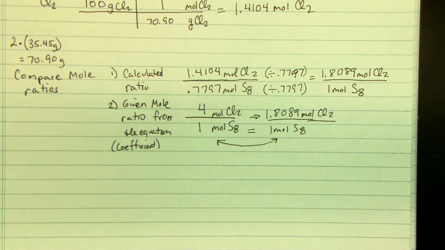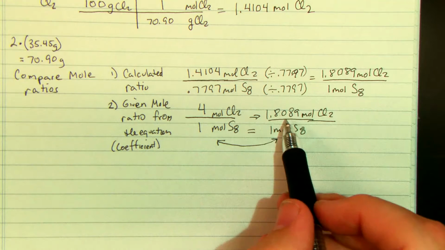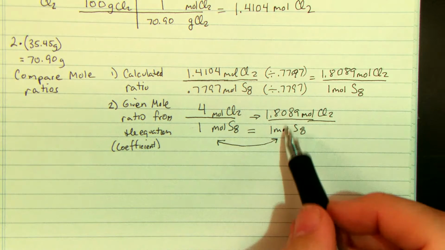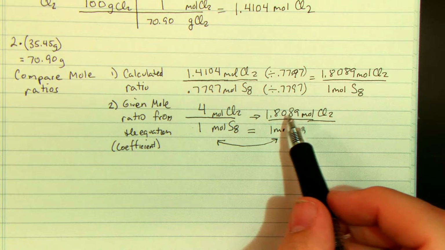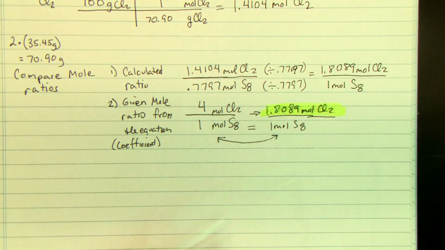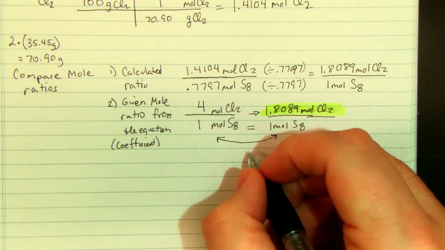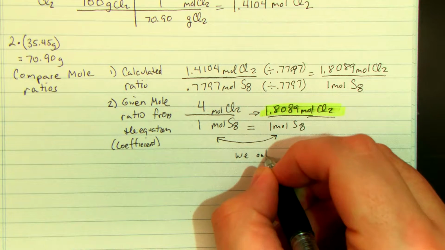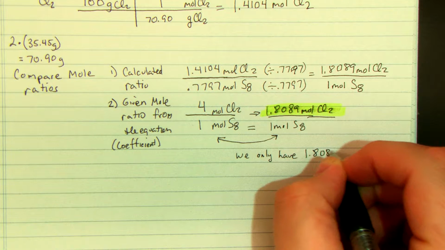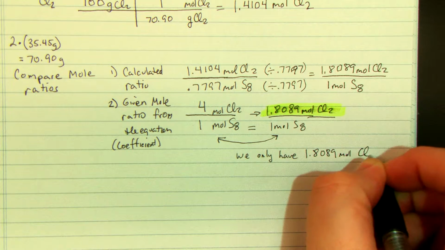Now, if I have 1 mole, this tells me I need 4 moles. Do I have 4 moles? No. I don't have 4 moles. So we only have the 1.8089 moles of Cl2. So, do I have enough to make the reaction go?